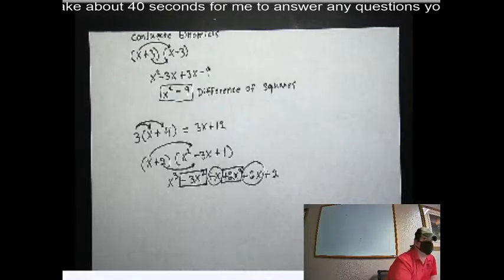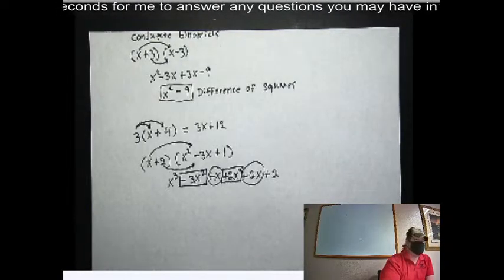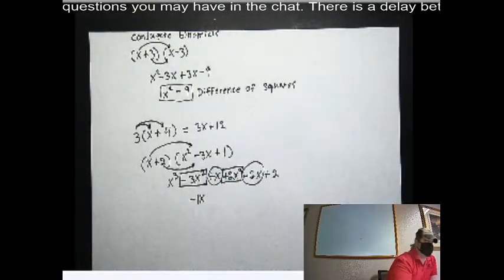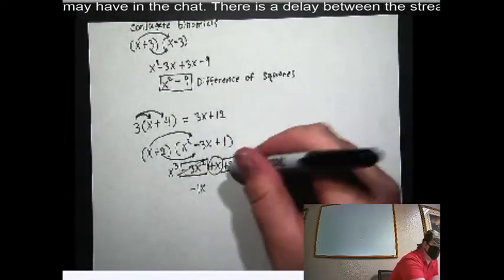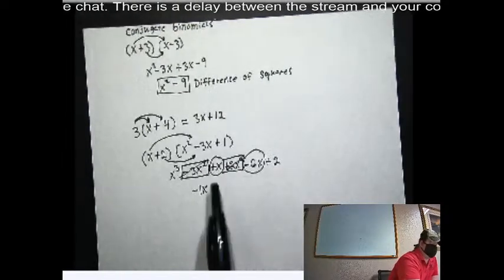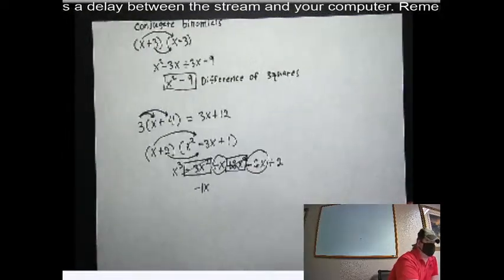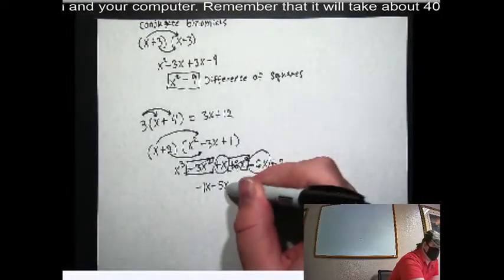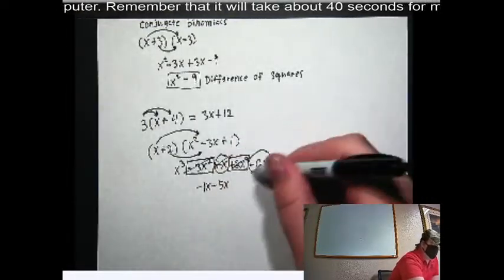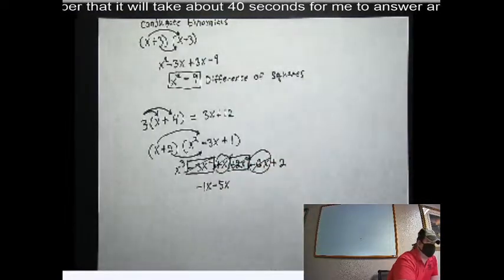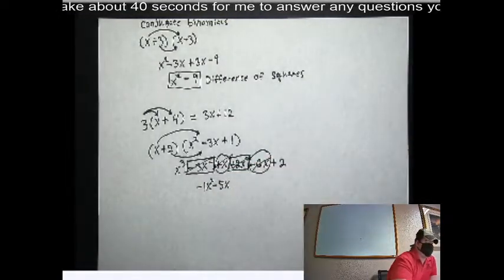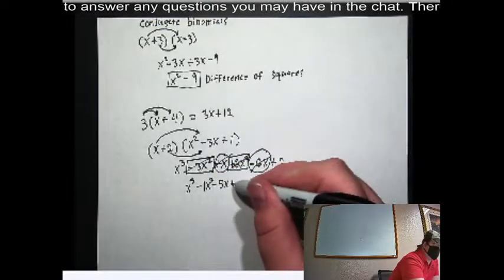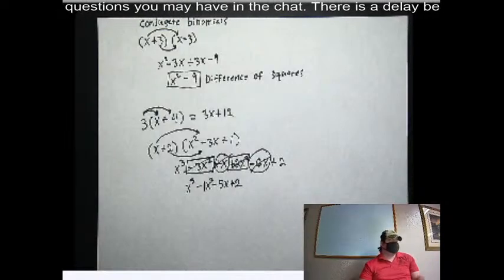Negative 3x squared and 2x squared. How many x's do we have? Negative 1. Or we could just say negative x. Doesn't matter. But those are taken care of. All right. X minus 6x. How many? Negative 5x. Those are taken care of. These other two didn't have anything to pair up with. Whoops, that should be squared. There we go.